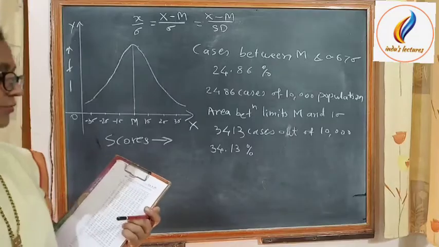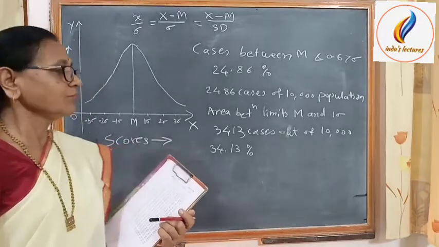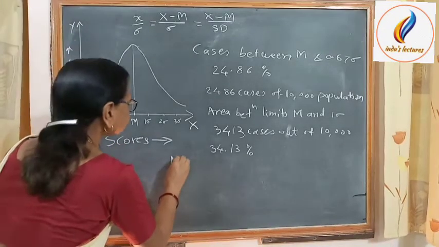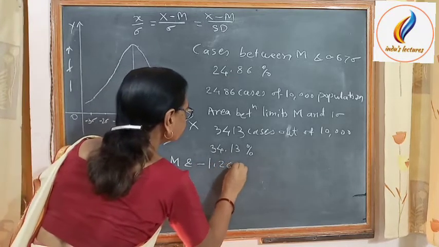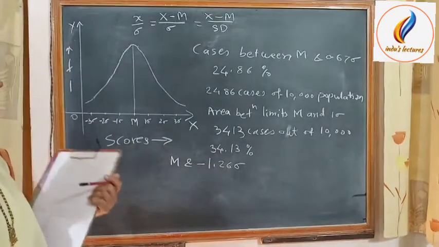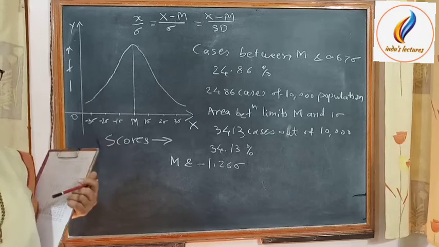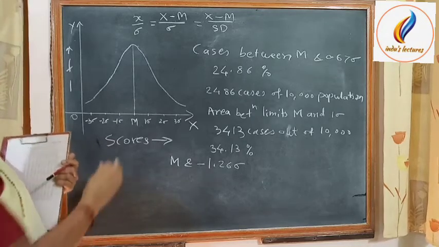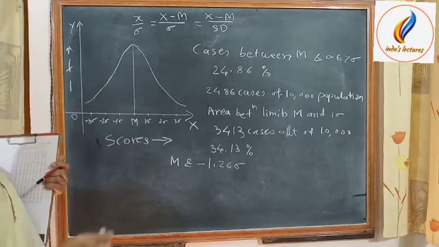If we have to find out the percentage of cases between mean and minus 1.26 sigma, we know that the normal probability curve is perfectly symmetrical. That means these two halves are identical or equivalent.